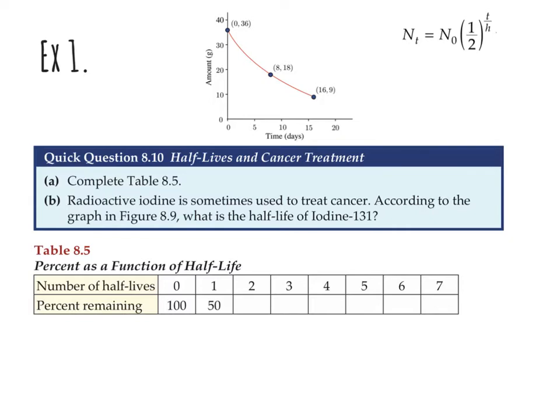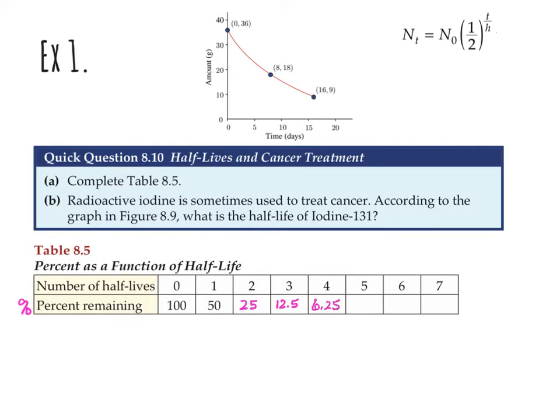If I have all of my quantity, then I have 100% and 0 half-lives. 1 half-life would be 50%. 2 half-lives would be half of 50, which gives us 25%. This is all in percents. Half of 25 is 12.5, and half of that is 6.25.